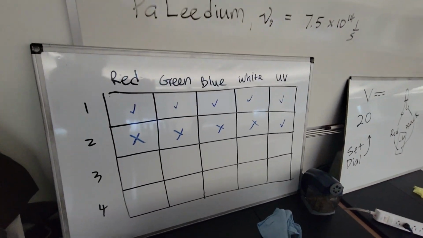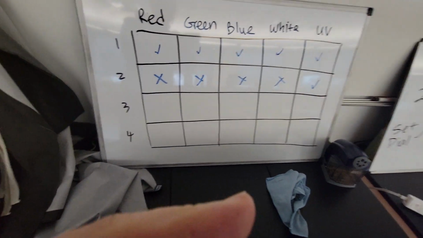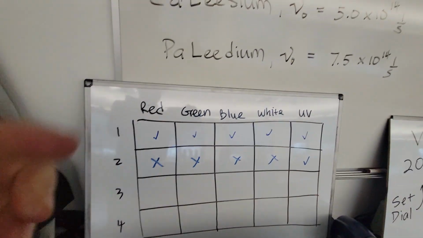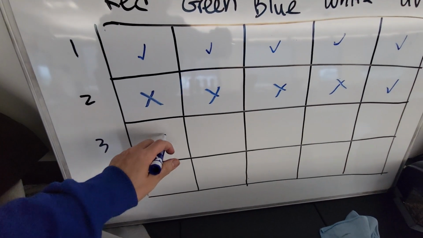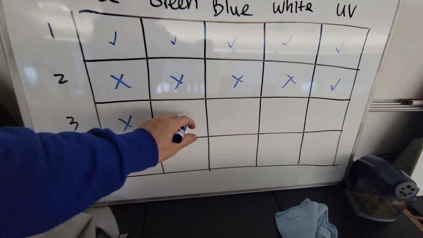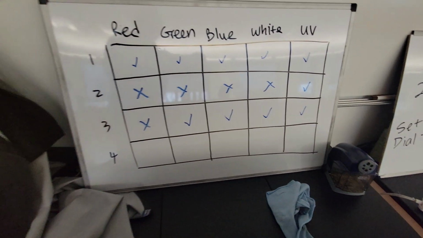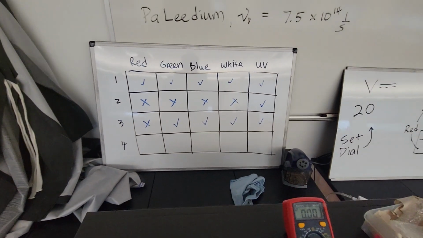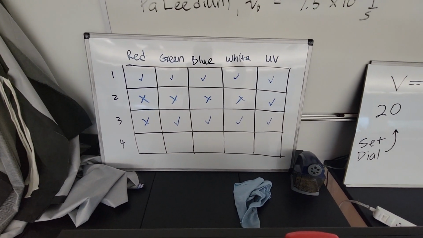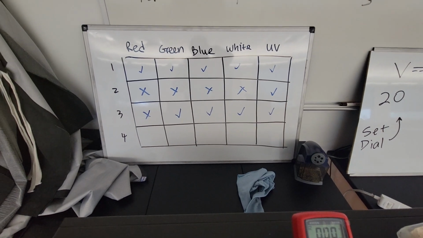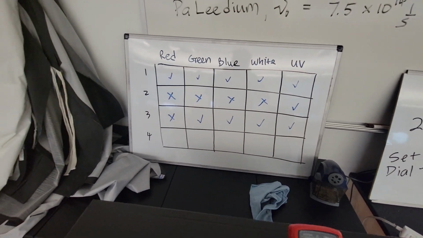So for capsule 3, whatever metal's in there, the energy of the red light wasn't able to eject electrons, but all the colors with wavelengths of green or shorter were able to eject electrons.